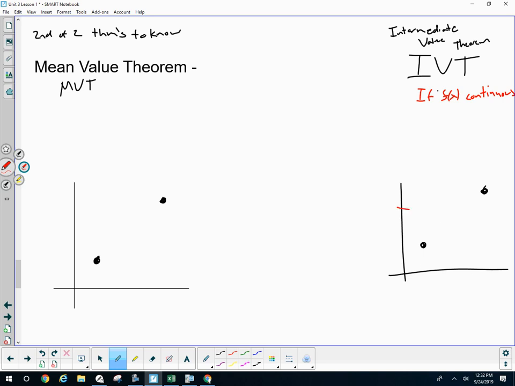So if I pick a y, connect your 2 points, you're guaranteed to have an x coordinate that produces that y coordinate. Boom. We have that in the interval. Now, since we are continuous, we did not have to connect in that way. I could have connected where we have a sharp point. And here now my solution would be right here, but it's still continuous even though we have sharp points. So the sharp point didn't change the intermediate value theorem.